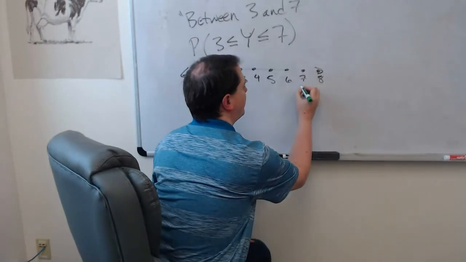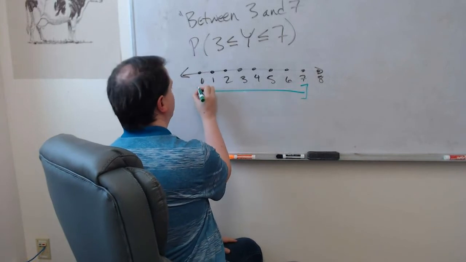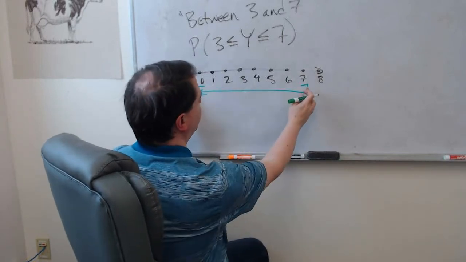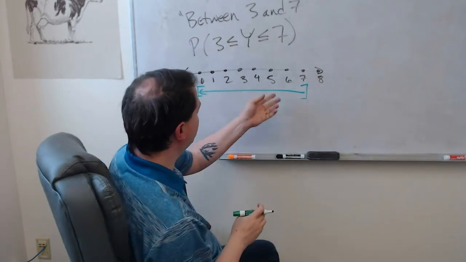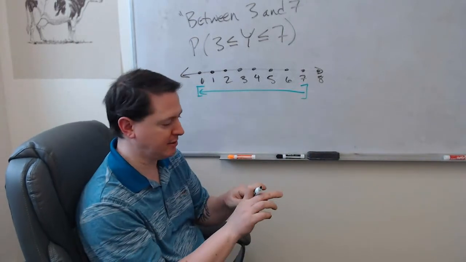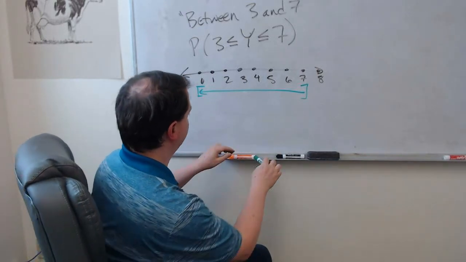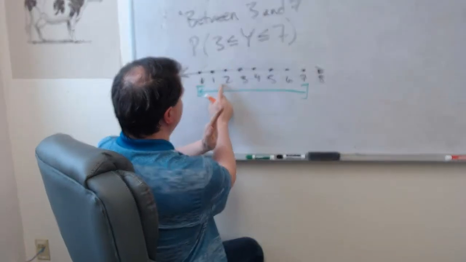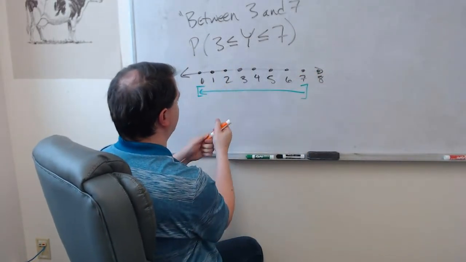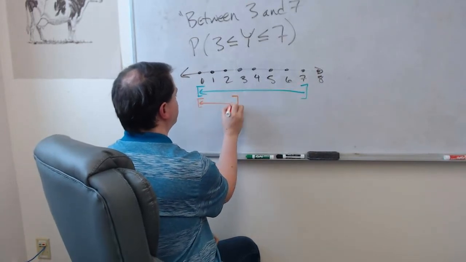That's going to give me the probability of 7 or less. So it's going to give me the probability of any of these numbers from 0 to 7. What am I going to have to subtract from that in order to just get what I want? Well, I only want from 3 to 7. So this 2, 1, and 0, I want out of there. So this is what I'm going to have to subtract away.